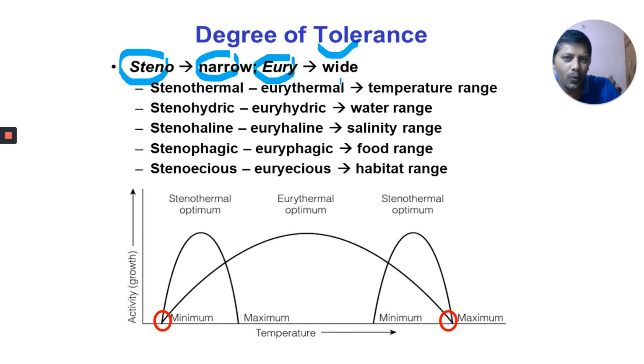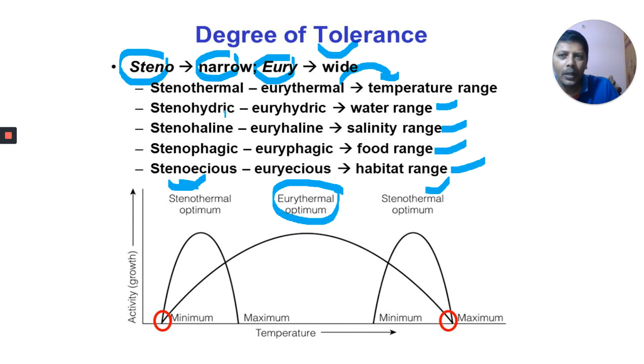Organisms that tolerate a wide range of temperatures are called eurythermal. Those with only a narrow range, low temperature and high temperature, not middle, are called stenothermal. Similarly, there is stenohydric for water range, salinity range, food range, and habitat range.